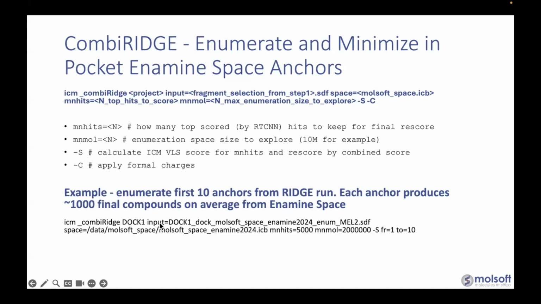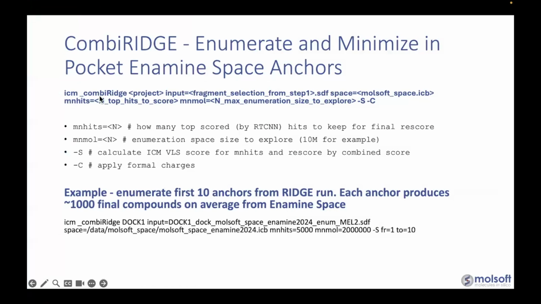in this example, we enumerate the first 10 anchors from the ridge run, and each anchor will produce about 1,000 final compounds on average.